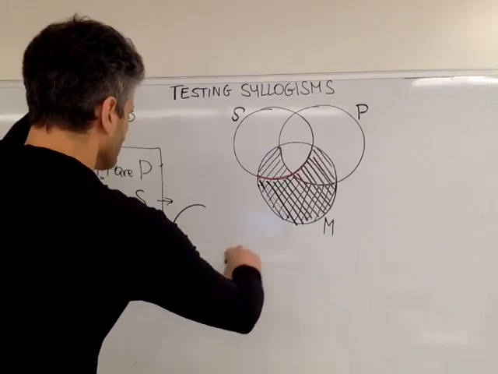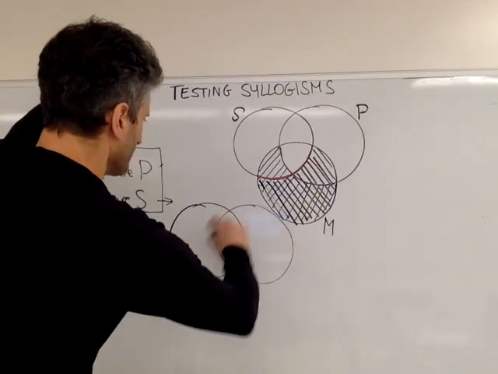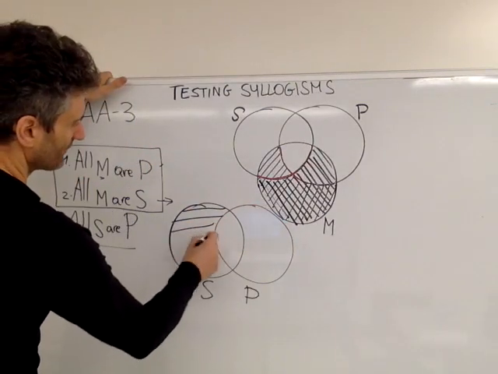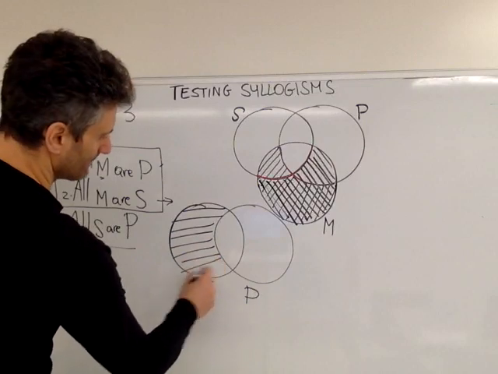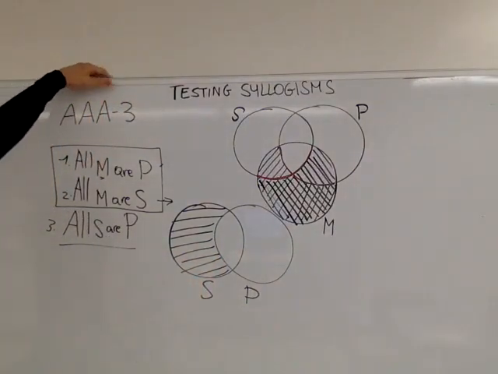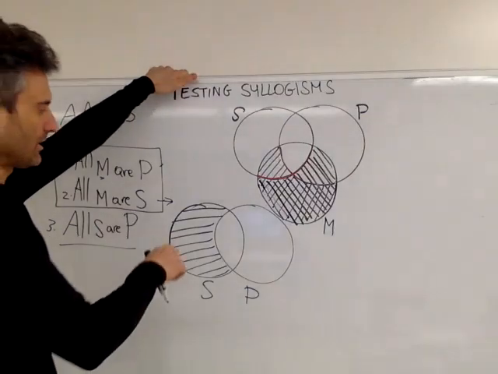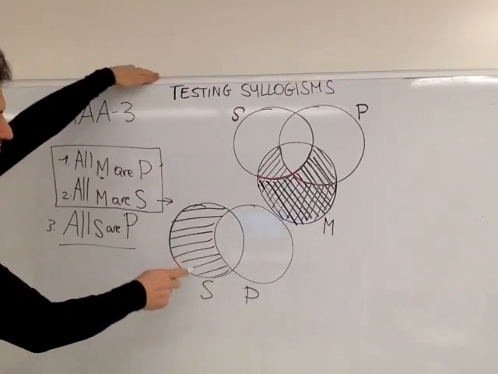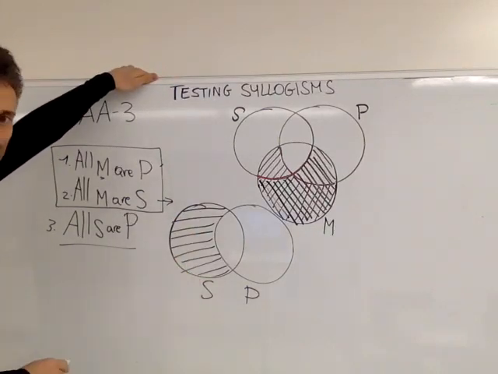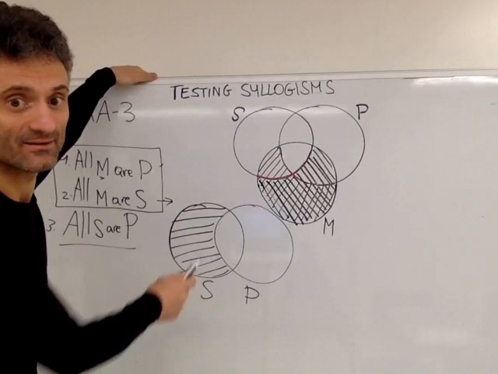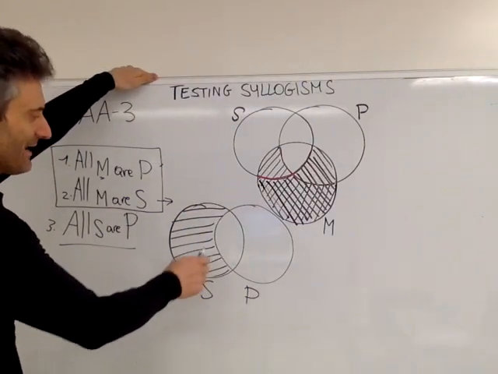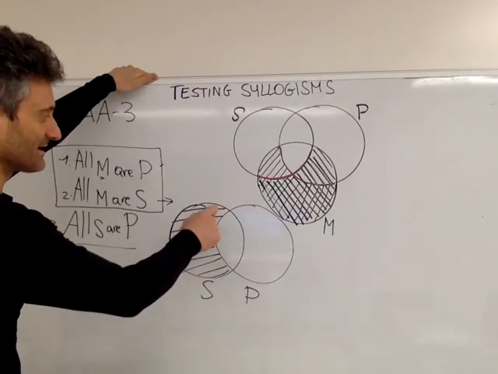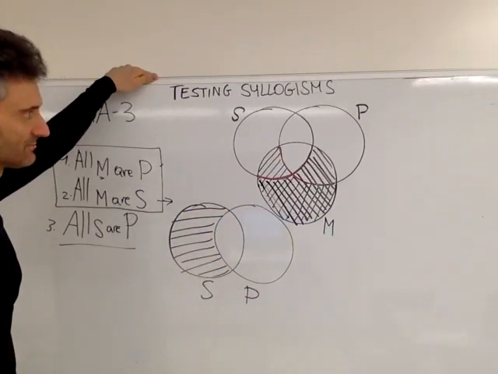Or in other words, the conclusion, if this is S and this is P, in order for the syllogism to be valid, when you look at S and P on this diagram, you should see exactly this. You should see that area 1 of S is completely shaded.